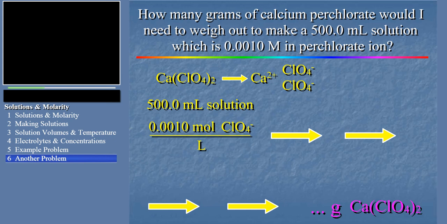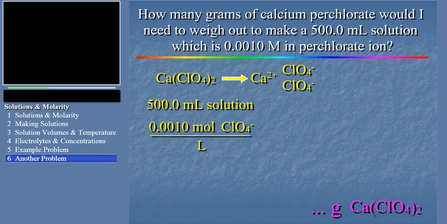Shall we try going from moles of perchlorate to moles of calcium perchlorate? To do that, we multiply 0.001 moles perchlorate times moles of calcium perchlorate per mole perchlorate. The ratio there is 1 to 2. Moles of perchlorate cancel, and we have moles now of calcium perchlorate.